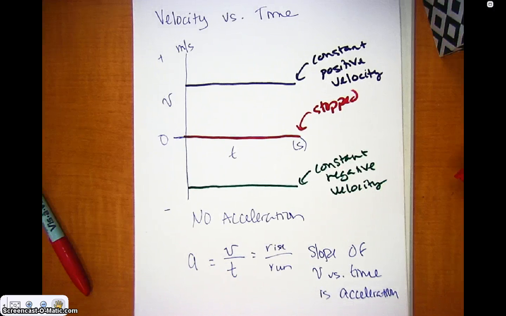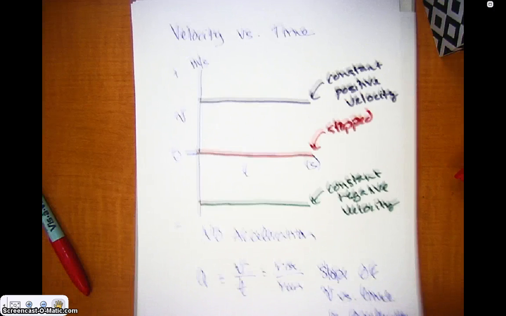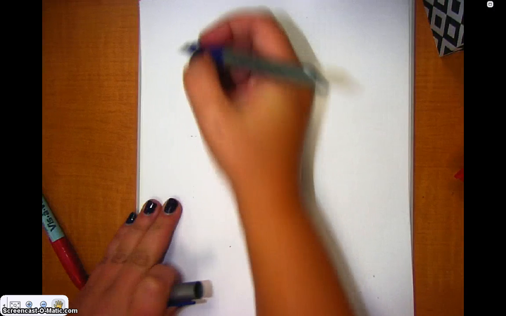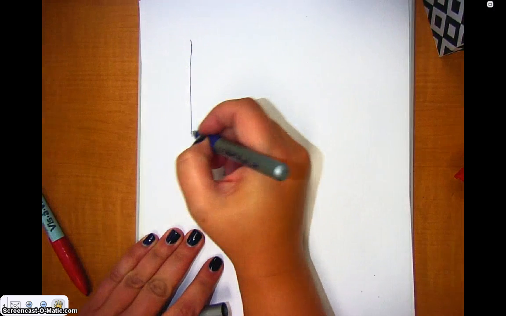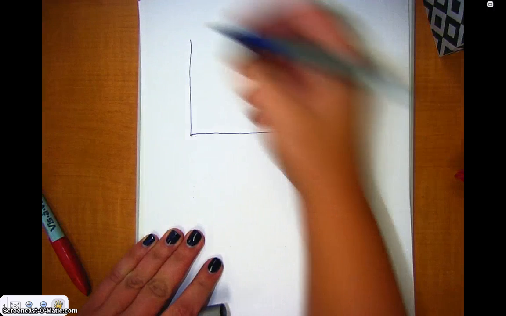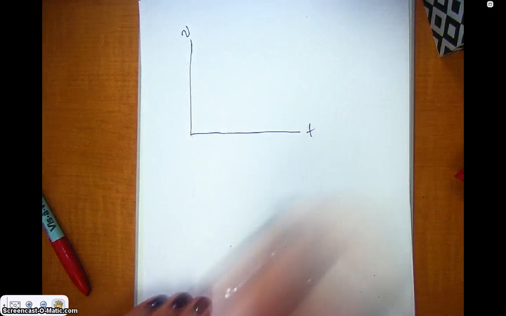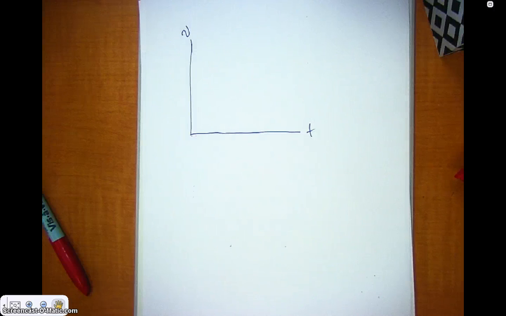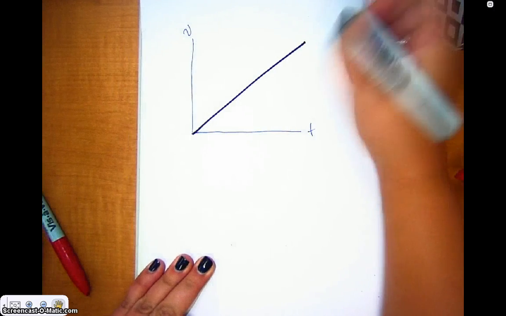All right, now let's look at some examples where we actually are seeing some acceleration. If we were speeding up in the positive direction, we'd have some constant positive acceleration, right? So the slope would have to be positive. So in this case, we're going to have a line that looks something like this, right?